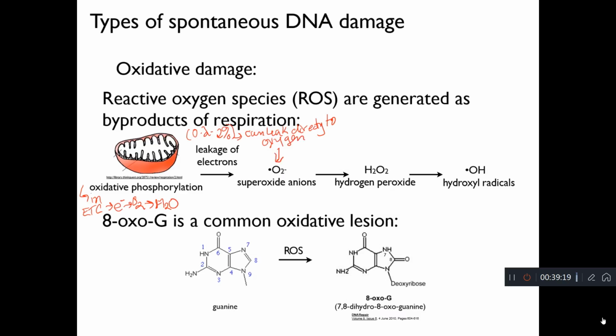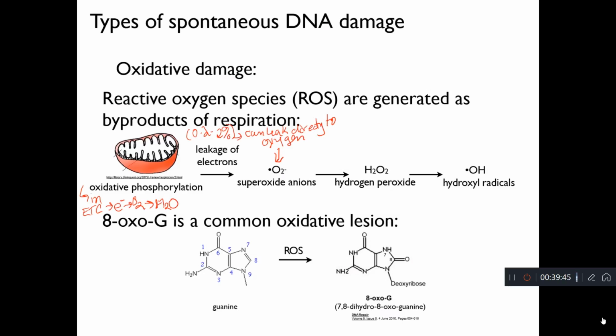And that's the formation of superoxide anions. Superoxide anions are reactive for sure. They're not as reactive as hydroxyl radicals, which are probably the strongest oxidants produced by reactive oxygen species, by products of respiration.